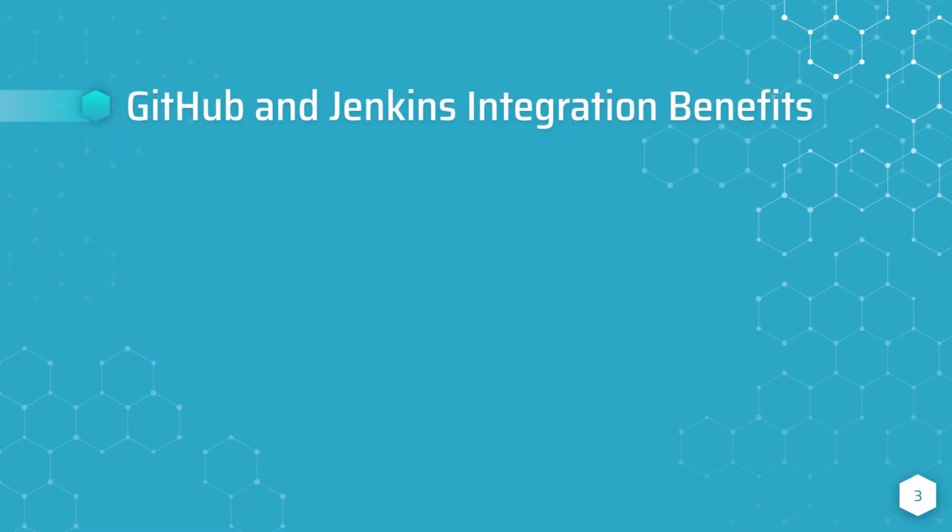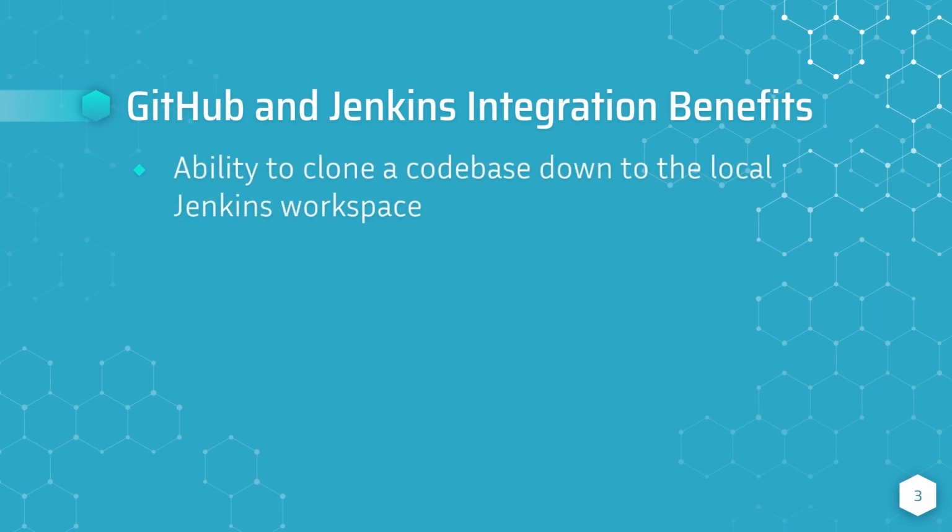So what are some of the benefits of integrating Jenkins and GitHub? Some of these benefits you may have already guessed, but the first benefit is that it gives Jenkins the ability to clone a code base down to the local workspace so that it can build and test the code. The second benefit is that GitHub will push new changes to Jenkins and trigger builds rather than having Jenkins consistently pull GitHub repositories for new changes.